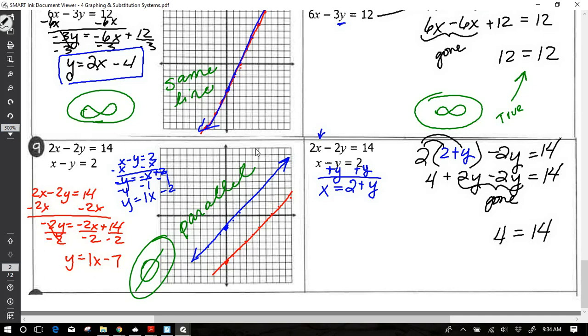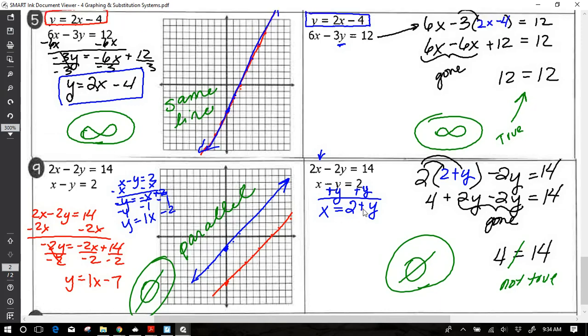So bring down the 4 and bring down the 14. And what I see here is that 4 equals 14, which is not true. So if I have a statement that is clearly not true, then I say I have no solution. And that's what it would look like algebraically.